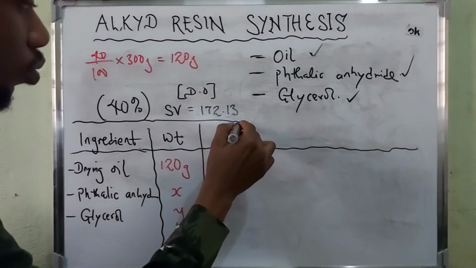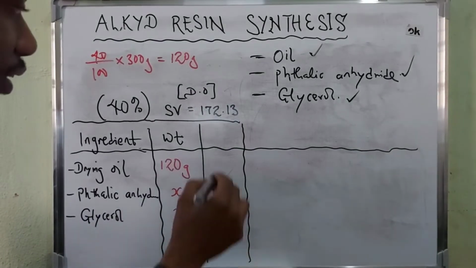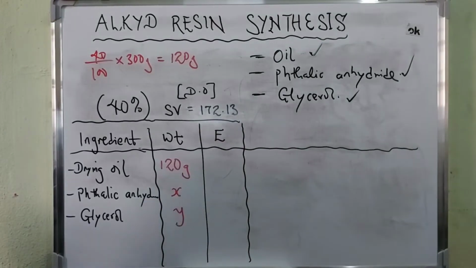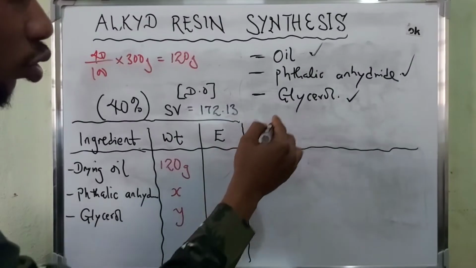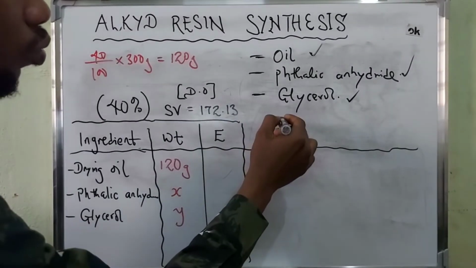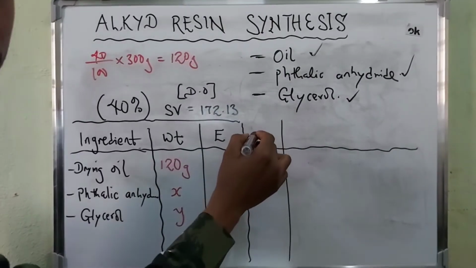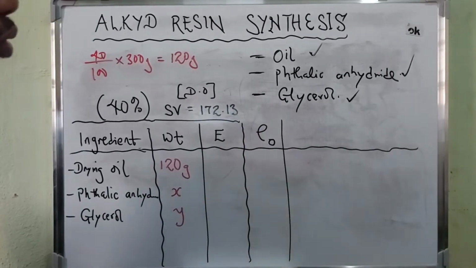Okay, so we go to another parameter, and that parameter is called the equivalent weight. So let's designate it with capital E, the equivalent weight. I'm going to explain what that is and show you the formula so that we could do it together and input the values. So we also have what is called the equivalent mole, let me designate it with E0.